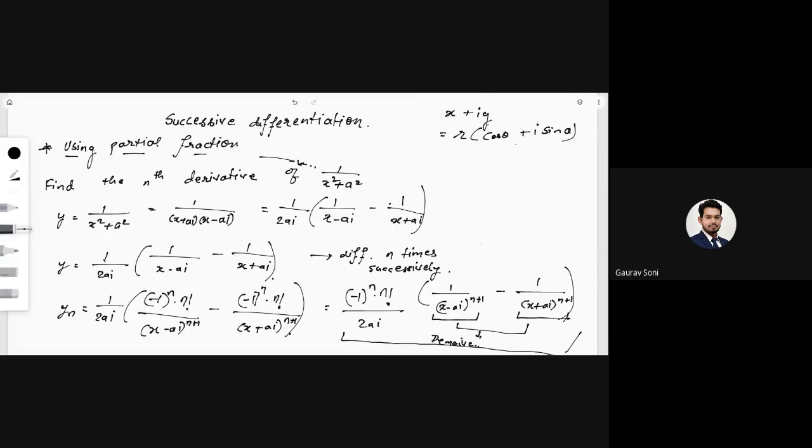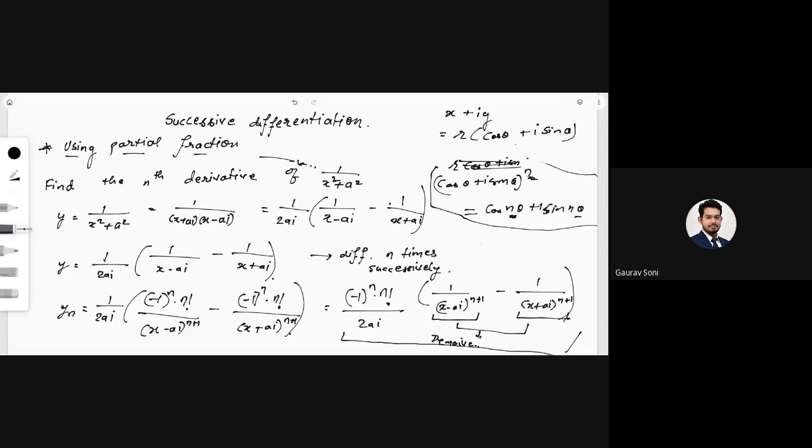Every complex number can be written in the polar form, and De Moivre's theorem says that cos theta plus i sin theta raised to n is equal to cos of n theta plus i sin of n theta. So the power can be taken as the coefficient of theta. This is what De Moivre's theorem states.